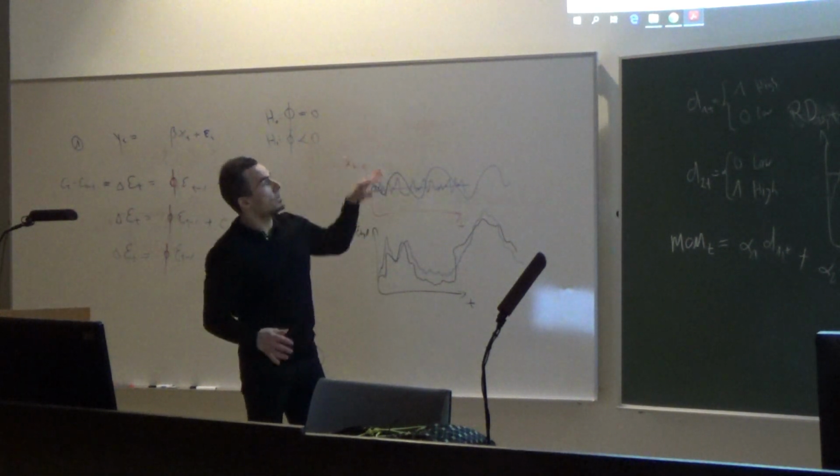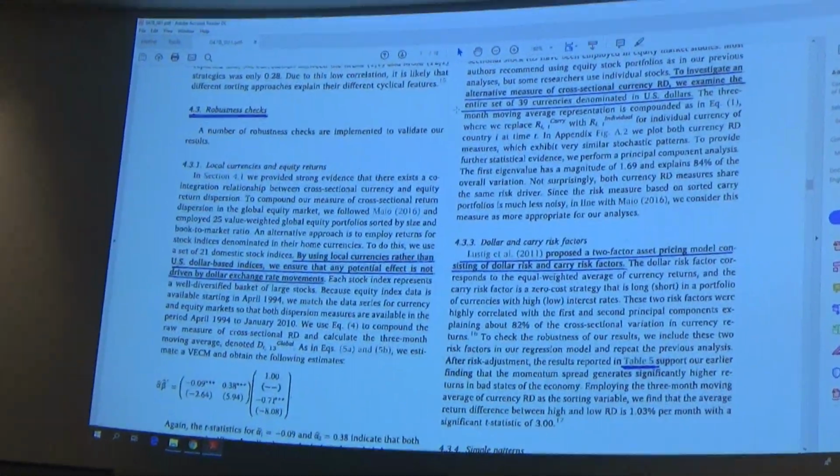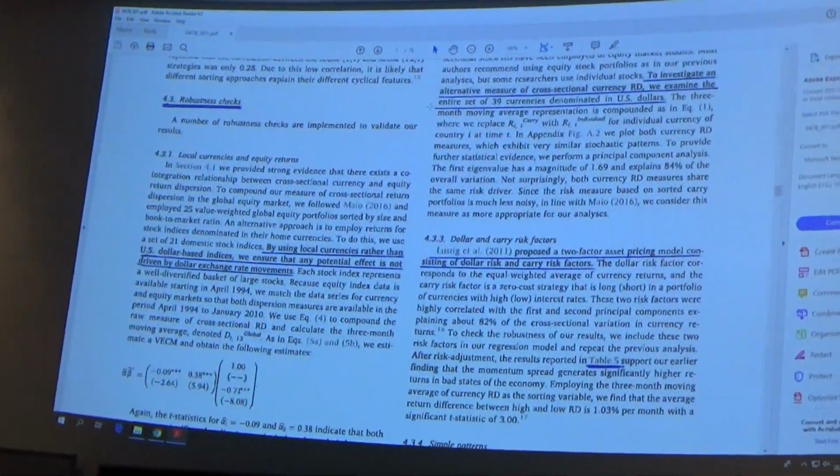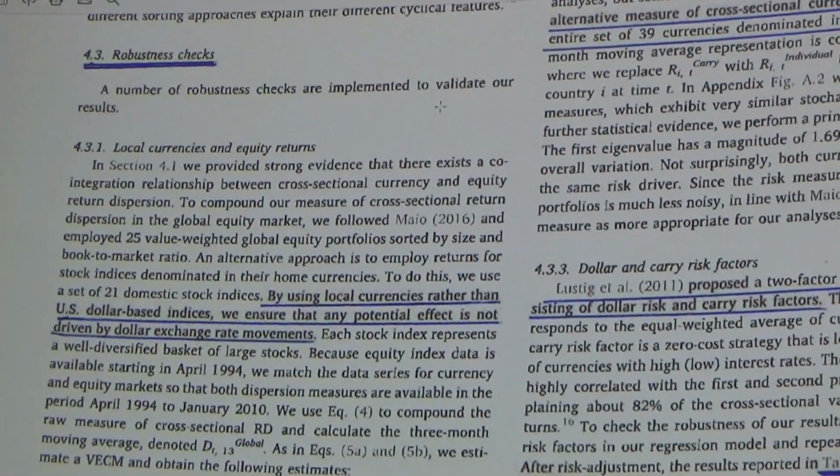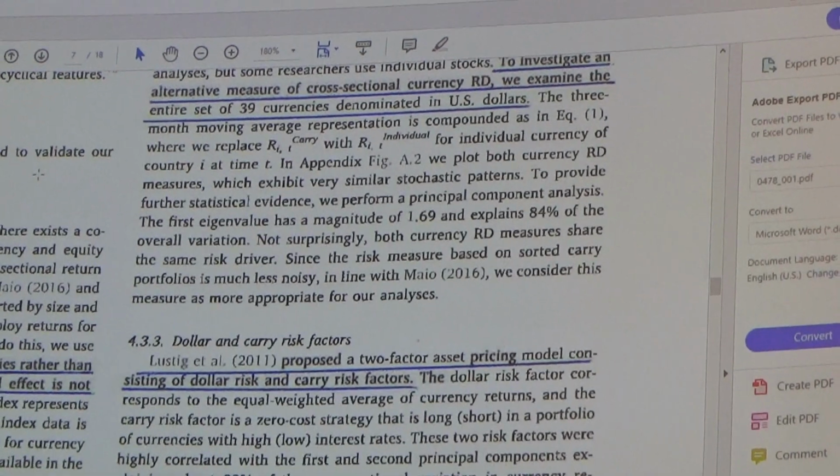Both processes are co-integrated with cross-sectional return dispersion in the currency market. That's the result or the idea here in section 4.3.1.